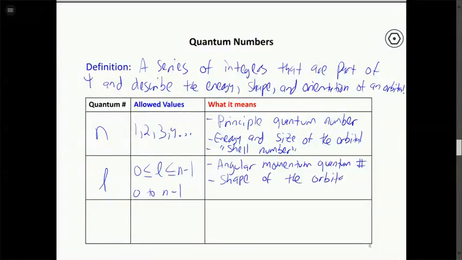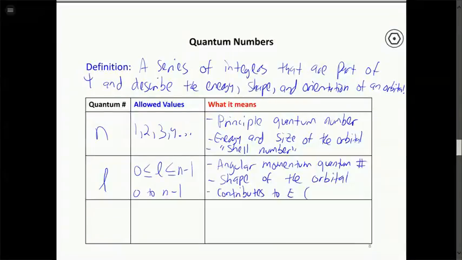We said that the orbital that describes the hydrogen ground state is spherical, but not all orbitals are spherical, as we'll see. The orbitals can have different shapes, which is again the region in space where the electron can be. It does not necessarily have to be a sphere for every different value of L. And it also contributes to the overall energy of the orbital as well.